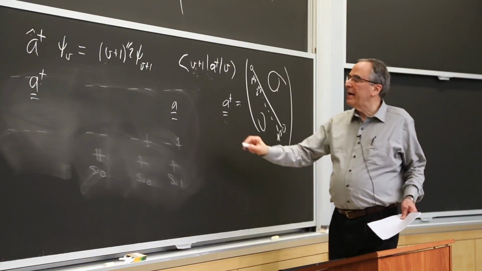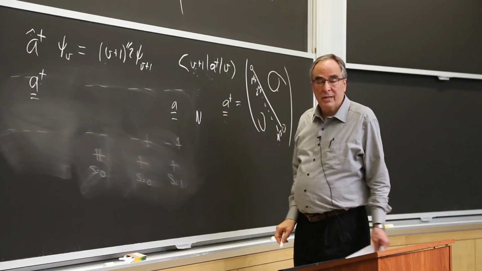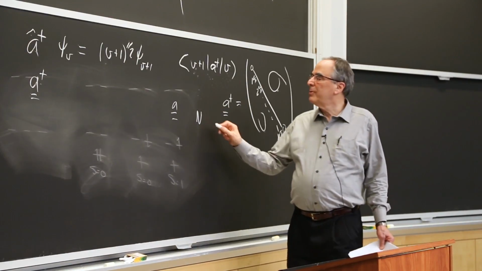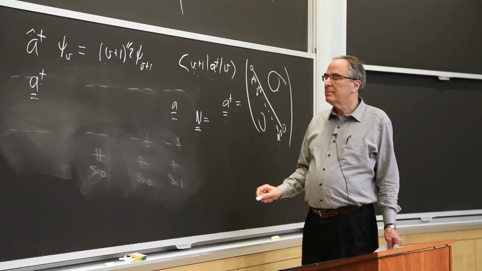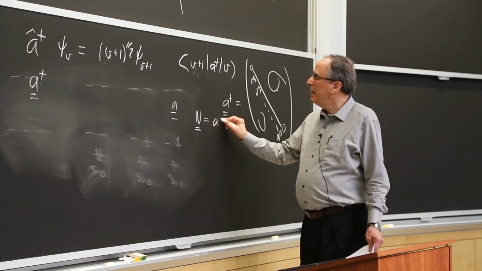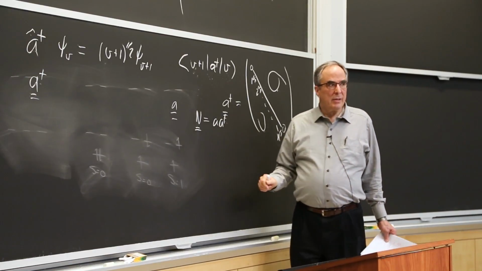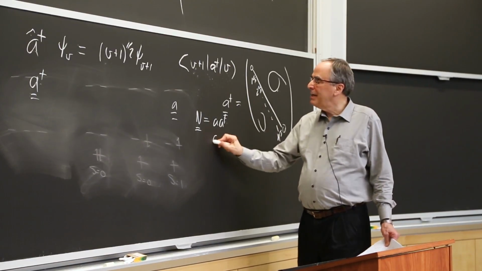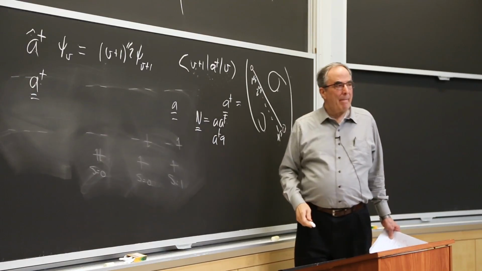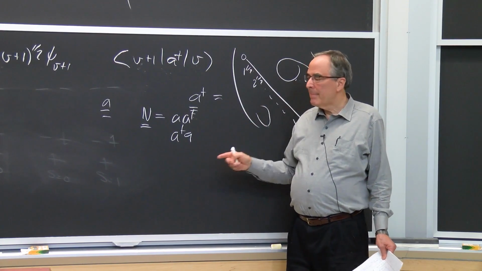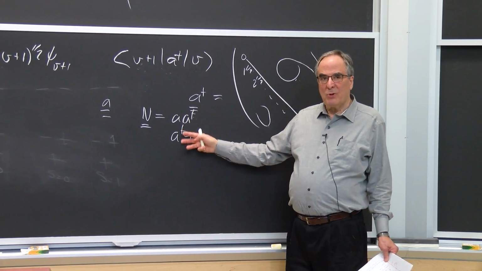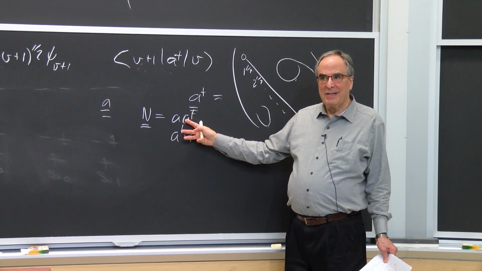And then there's another actor in this game, and that's n, the number operator. And the number operator is going to be A dagger. Or is it going to be A dagger A? So which is it?